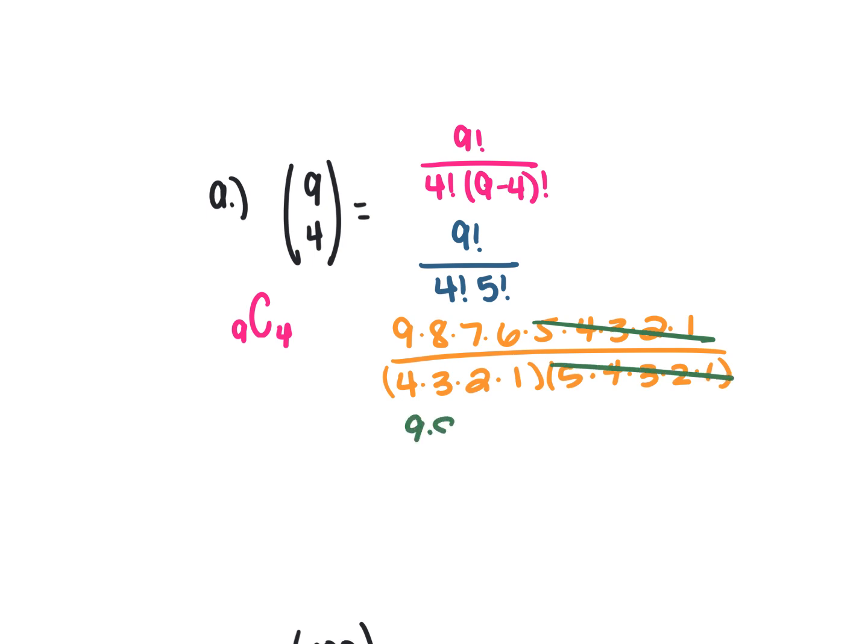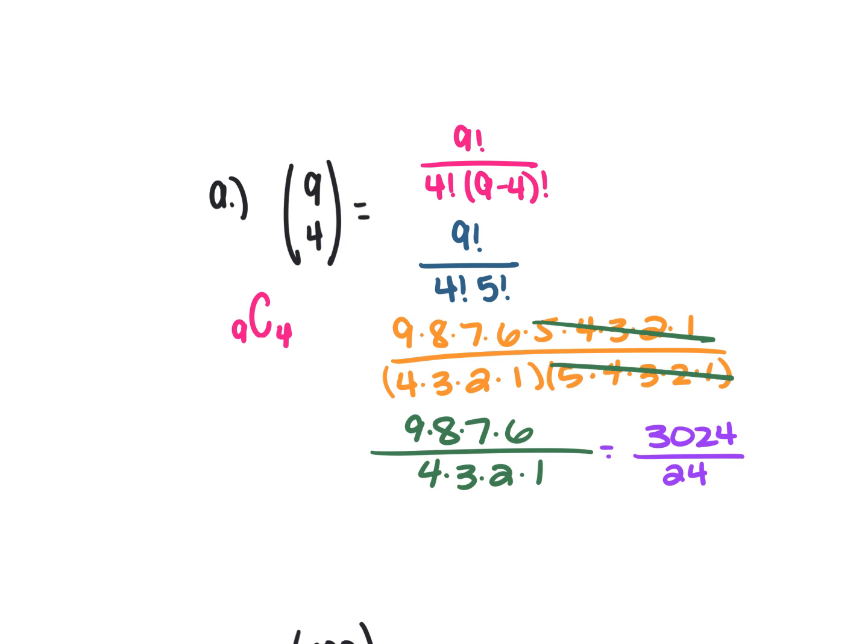And we'll just do 9 times 8 times 7 times 6 over 4 times 3 times 2 times 1. So you'll be able to use your calculator with this. That 9 times 8 times 7 times 6 gives us 3,024. And the 4 times 3 times 2 times 1 gives us 24. So we can simplify these. The 3,024 divided by 24 should give you 126 as your final answer.